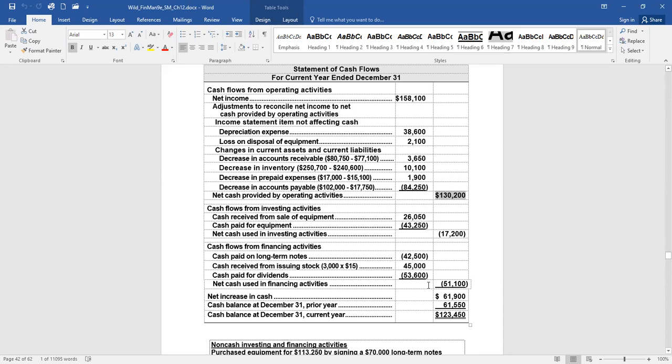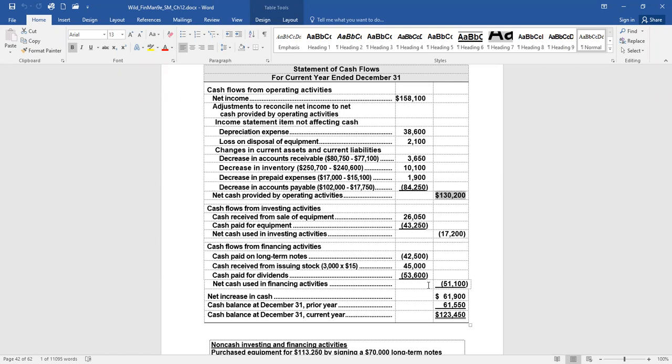So those are your normal types of items that would affect financing activities. We take the net of those three items and determine that overall there was a negative cash from financing activities. We paid out dividends and paid off long-term debts greater than what we received from selling stock. So the net cash used in financing activities is $51,100.